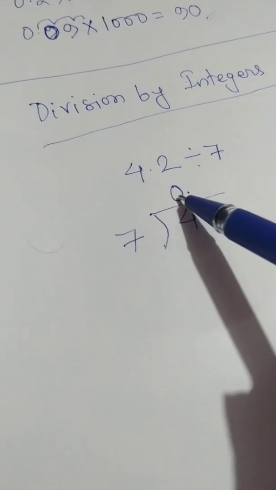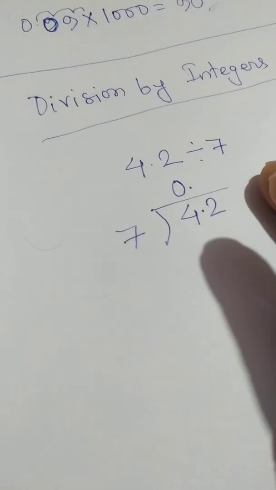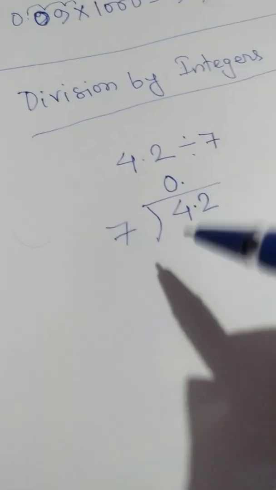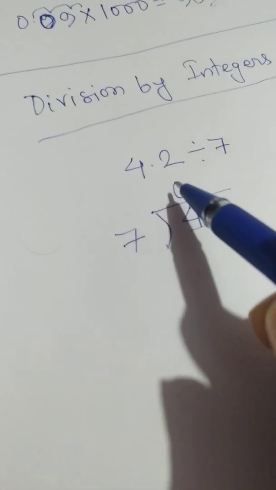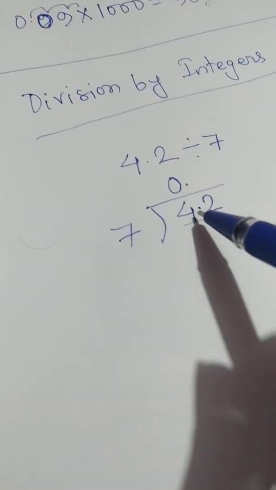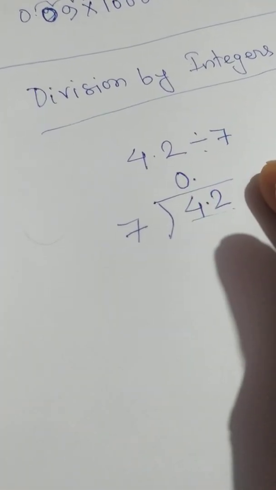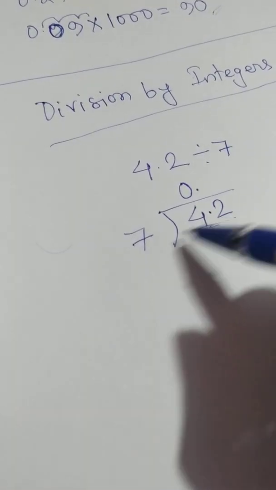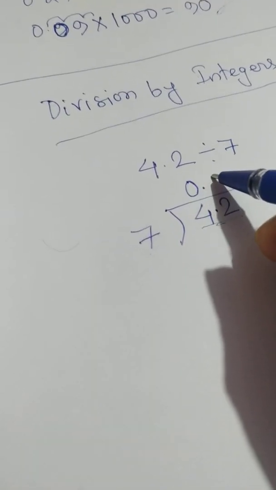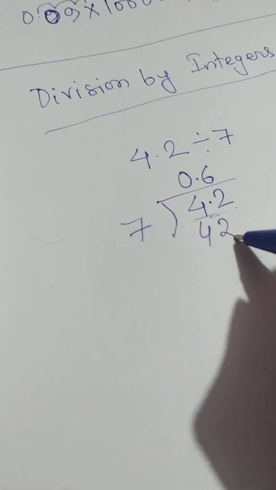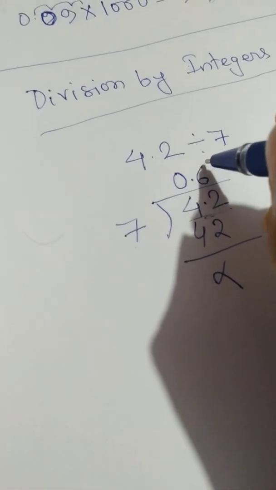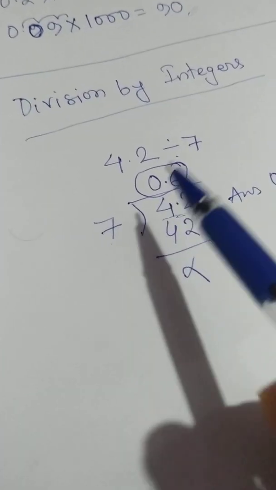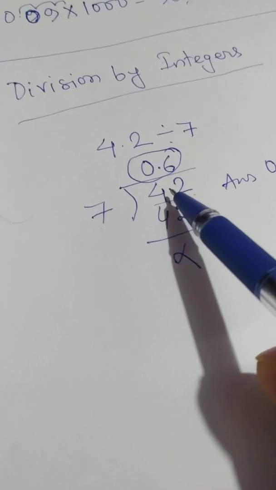Once you put 0 point over here, you can take this decimal out of consideration. Means you can't remove it, but you can consider 42 now together. So now it becomes 42. 42 divided by 7 is what? 6, right? We know that 7 sixes are 42. That's it. So our required answer is 0.6.